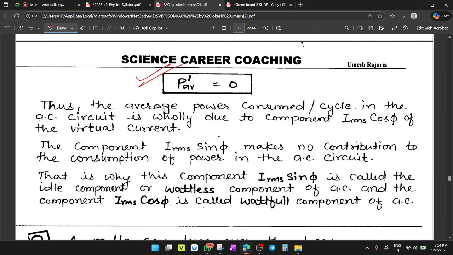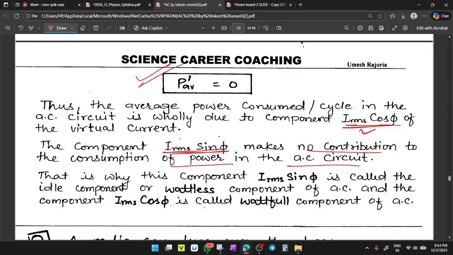Clear? Thus, the average power consumed per cycle in the AC circuit is wholly due to the component IRMS cos phi. That's why it is called the working component. So IRMS cos phi is a component of the virtual current, or IRMS. The component IRMS sin phi makes no contribution to the consumption of power in the AC circuit, meaning there is no dissipation of power.